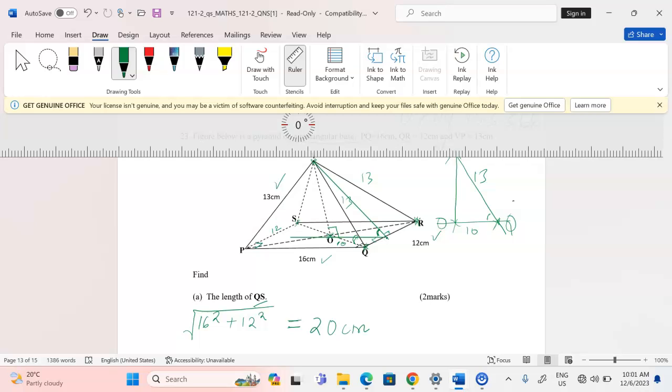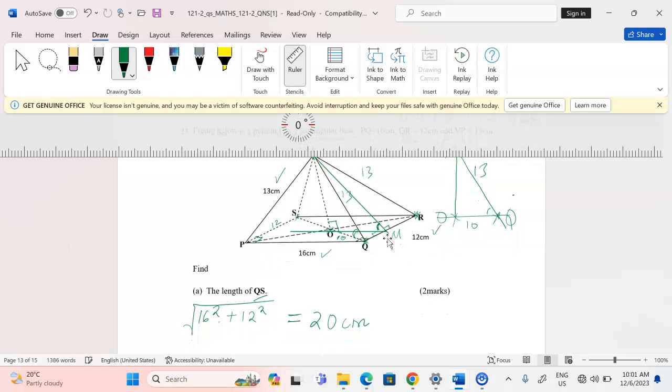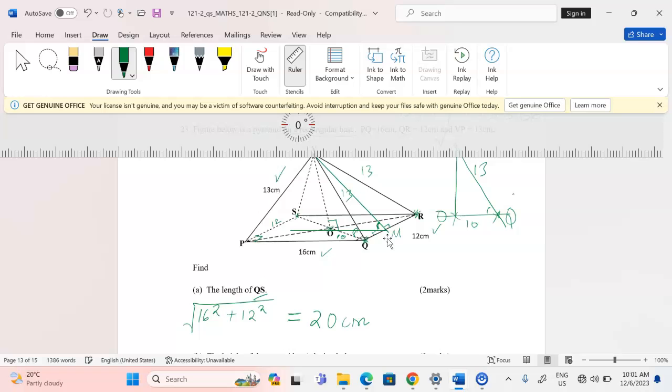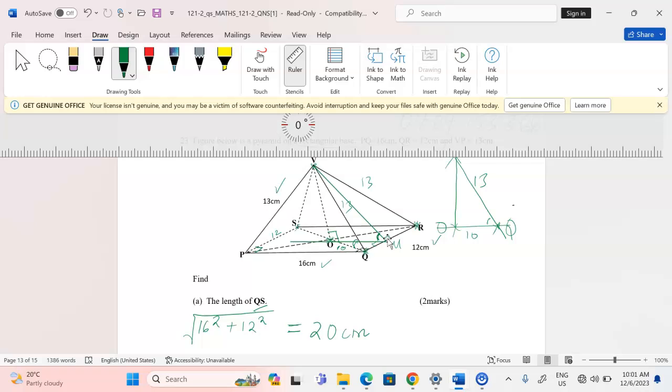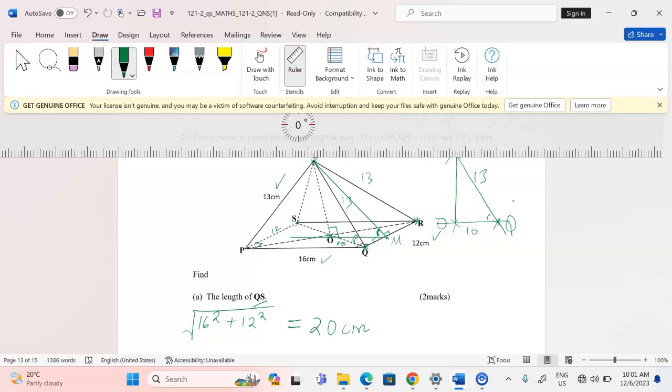Therefore, if we let this point be M, we need the angle VMO. Remember, we have the height and we also have OM as 8, because the total length is 16, so from O to M should be 8.